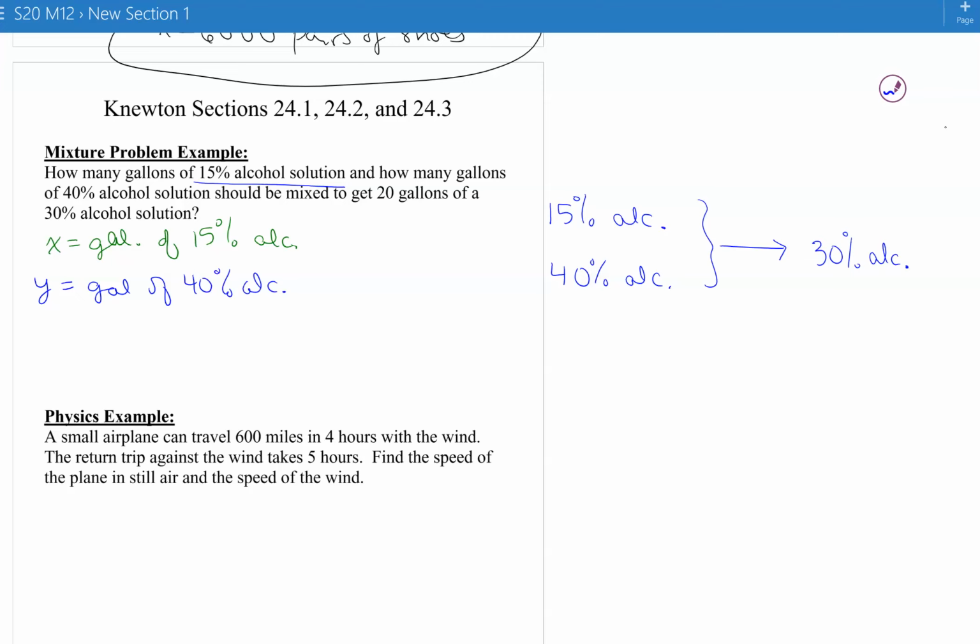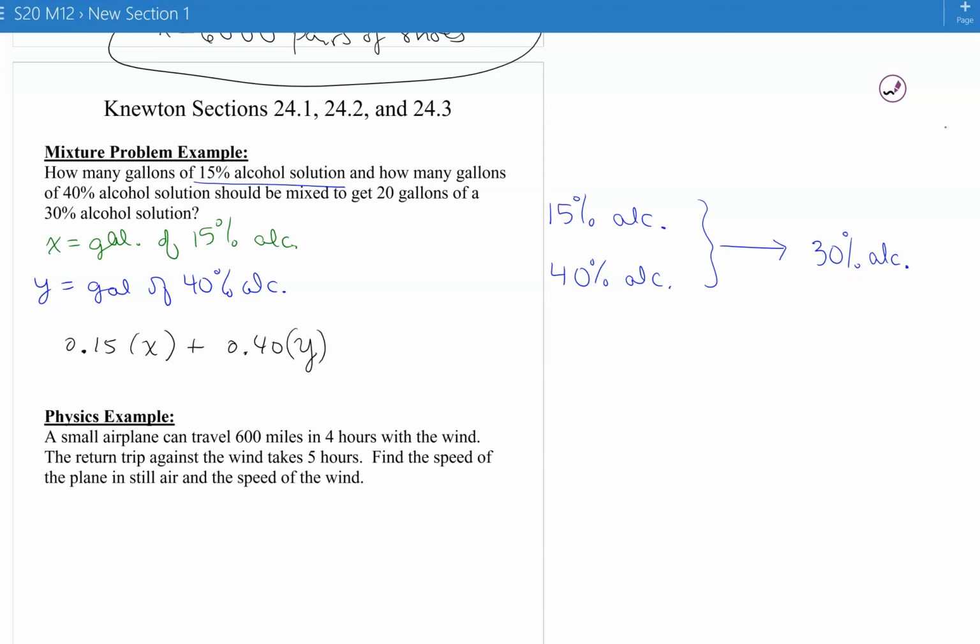So we're looking to have alcohol plus alcohol equals alcohol. So we're going to have 15% of the x amount, that's going to be the alcohol in the first bucket, plus 40% of the alcohol in the second bucket.